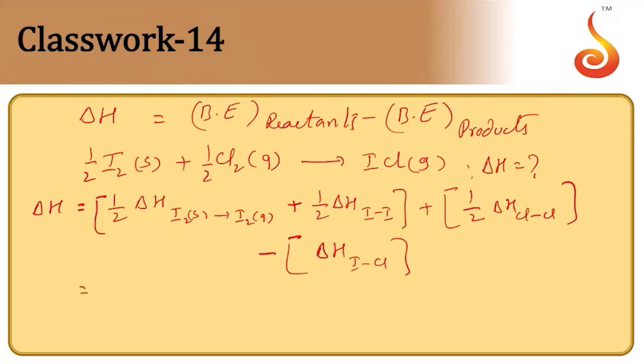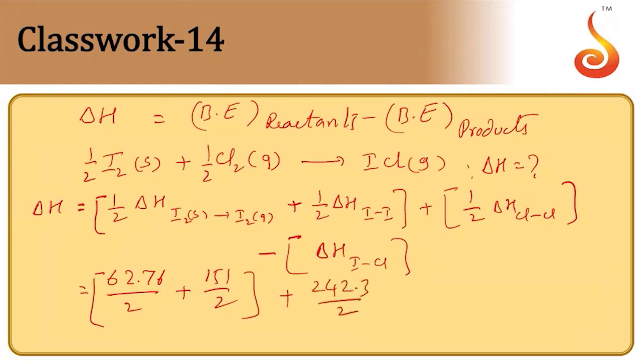Now substituting the values: 62.76 by 2 plus 151 by 2, up to here the iodine value, plus the chlorine value 242.3 by 2, minus the ICl value 211.3.